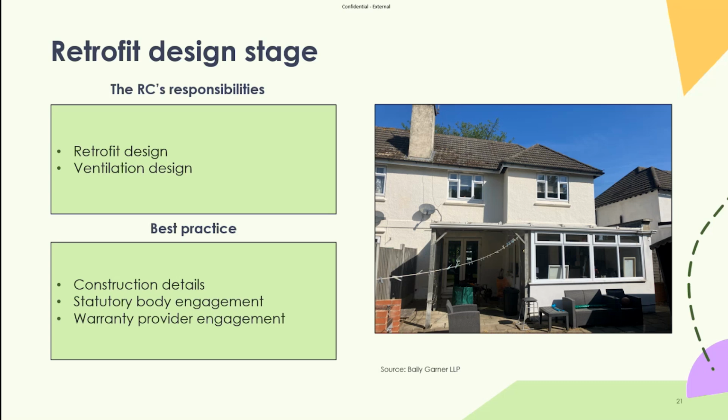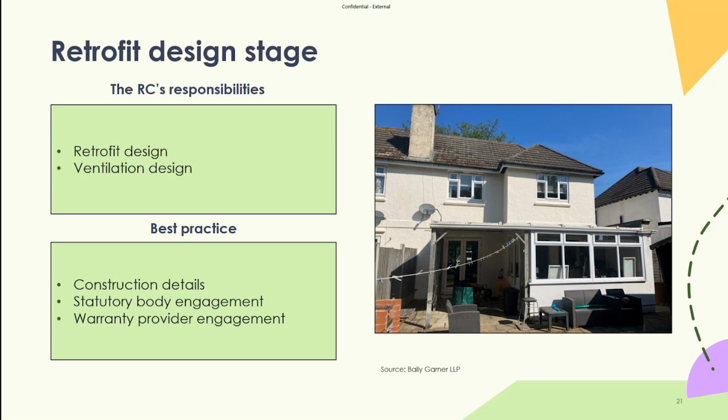We really need to be thinking about how we would detail our external wall insulation to remain compliant, particularly against the warranty requirements, because the last thing we want to do is arrive on site, install something incorrectly, the warranty doesn't stand up, and there's issues.